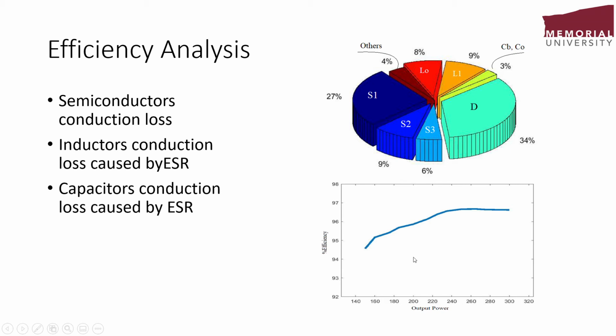And here we have the efficiency as a function of output power. As you can see, in a specific range, when we increase the output power, the efficiency will increase. The reason is in this range, the major part of the power loss is still the same, and that means most of these power losses are not dependent on the output current.